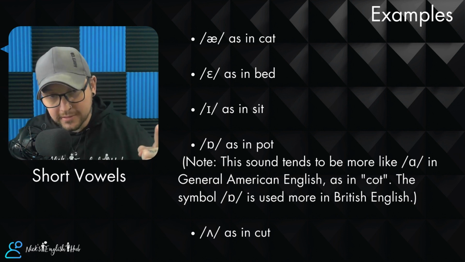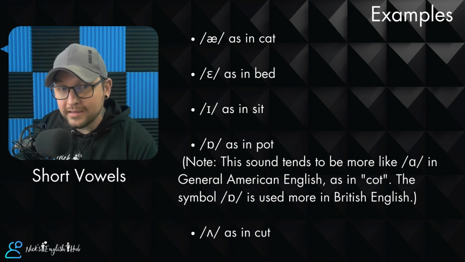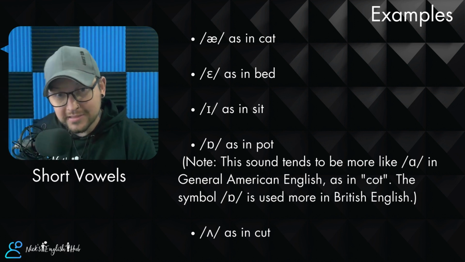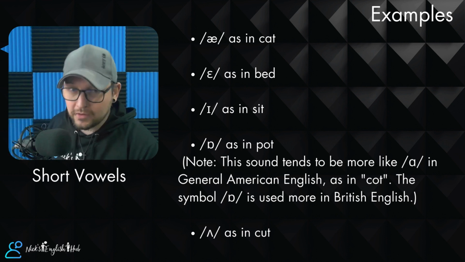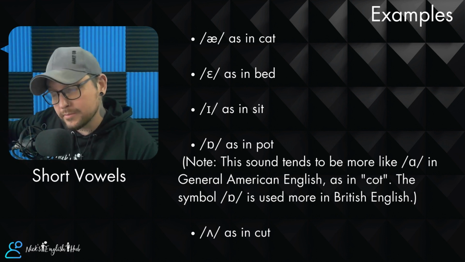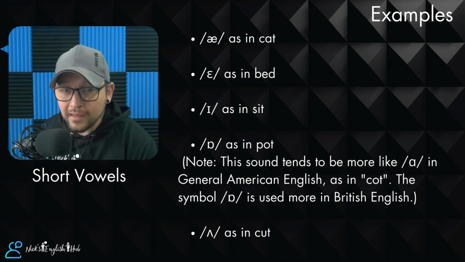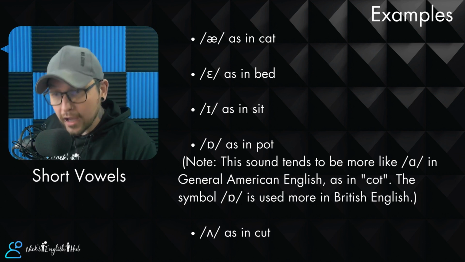Quick note, this sound tends to be more like ah in general American English, like caught. The symbol that you see there, like the backwards A, is used more in British English. If you're into symbols, if you ever see that symbol, that's more British English. And lastly, uh, as in cut.